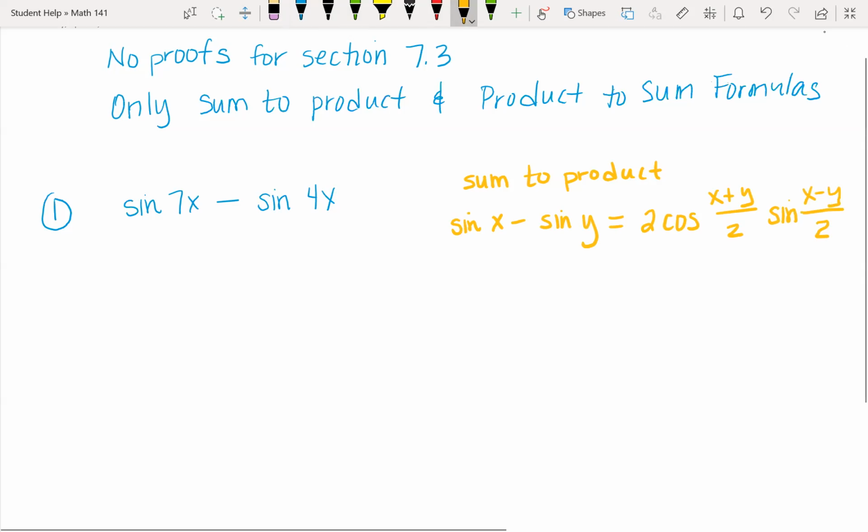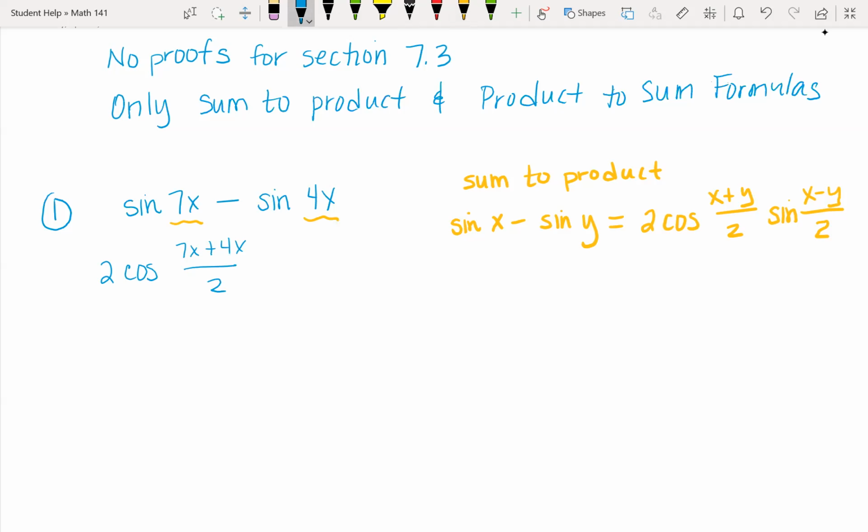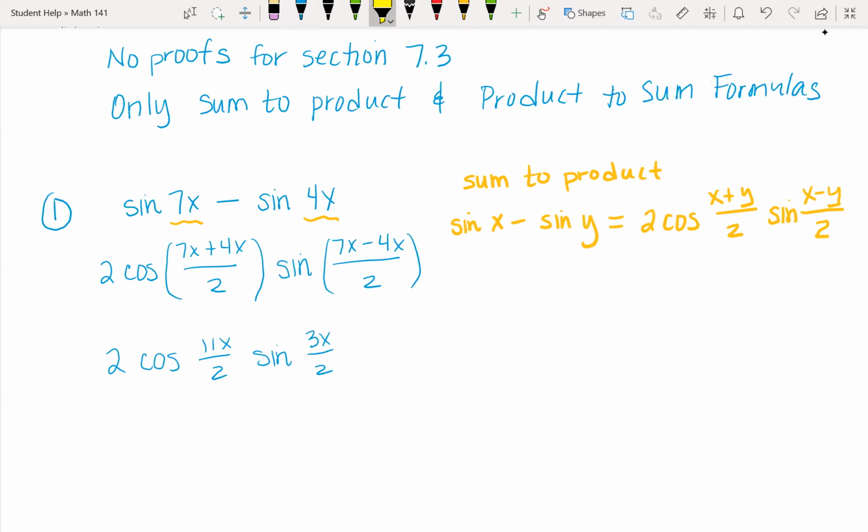All right, so we'll have 2 times the cosine of 7x plus 4x over 2. I'm taking the two angles, 7x is one and 4x is the other. And then multiplied by the sine of 7x minus 4x over 2. So that ends up being 2 cosine 11x over 2 times the sine of 3x over 2. And that's your answer.